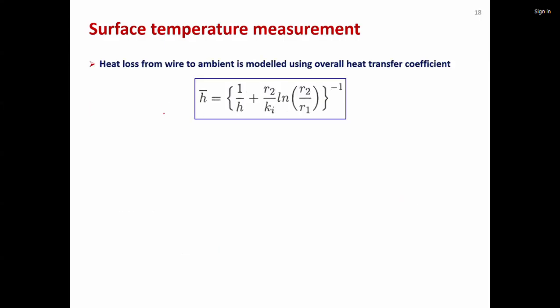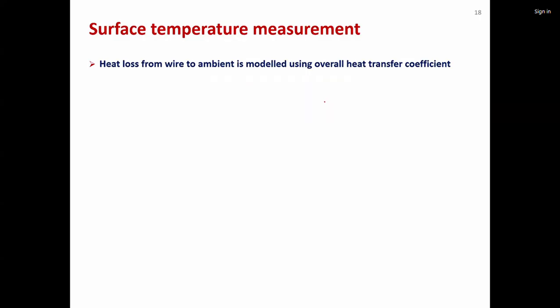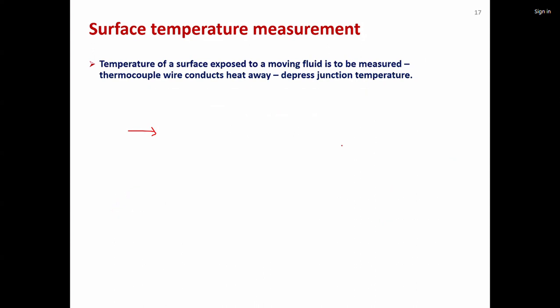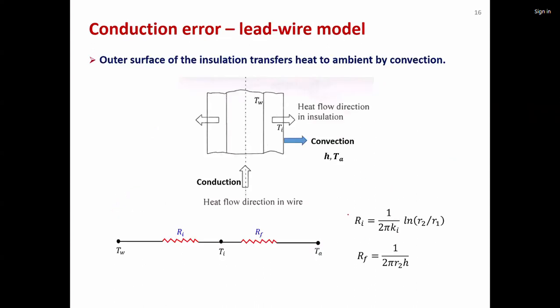So the overall heat transfer coefficient is obtained as (1/h + R2/Ki ln(R2/R1))^-1. How is it obtained? If you look at what we just saw, you want to find the overall heat transfer coefficient across the surface of this insulation layer.